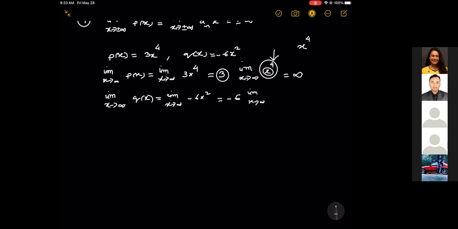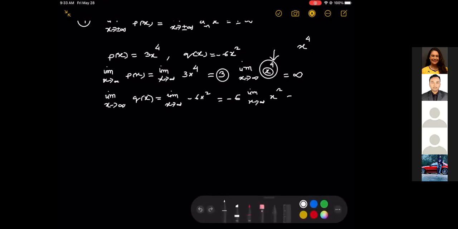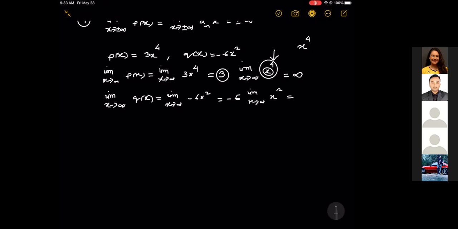Now I know the limit as x tends to infinity of x squared: if x is approaching infinity, x squared will also approach infinity. Do you agree? Because the exponent gives you a higher value, and any higher value of infinity is still infinity. Now, if you multiply it by 6, it will still be infinity. No doubts on that.